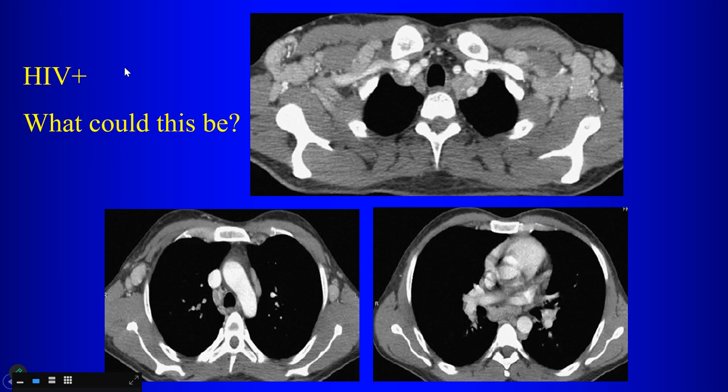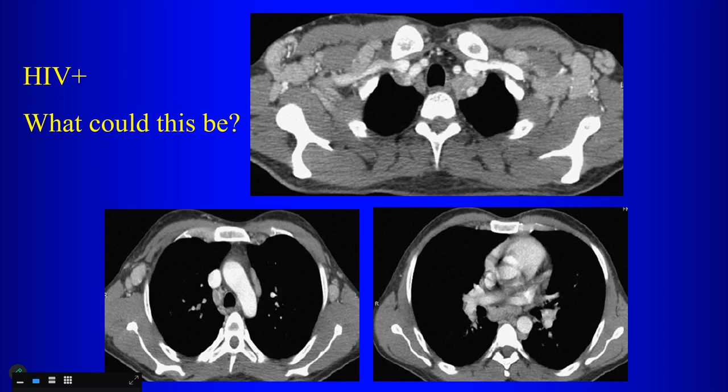Another patient who's HIV positive. What are the findings here on the CT scan? Yeah, so you have these enlarged axillary nodes here, also mediastinal nodes, and you mentioned that they are enhancing lymph nodes. So what are three causes of enhancing lymph nodes in patients who are HIV positive?